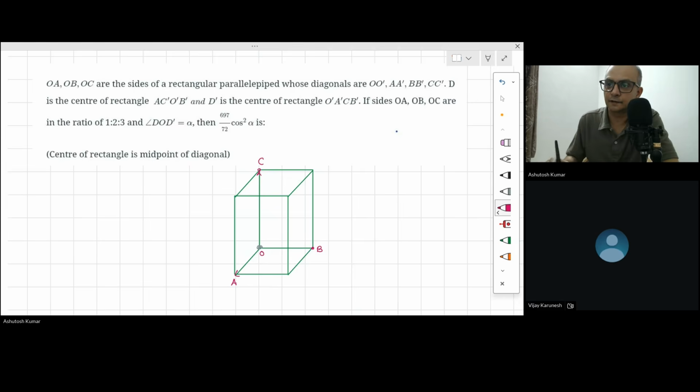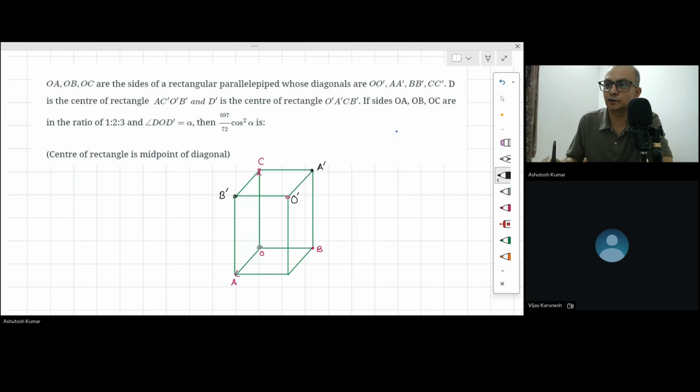It means these 3 vectors or sides are given. The diagonals are OO'. So O' is this one. If I join these two, I will get this one diagonal. There's no need to draw the diagonal. Then AA', so A maps to this one, A'. BB', so B and this one will become another diagonal corner.